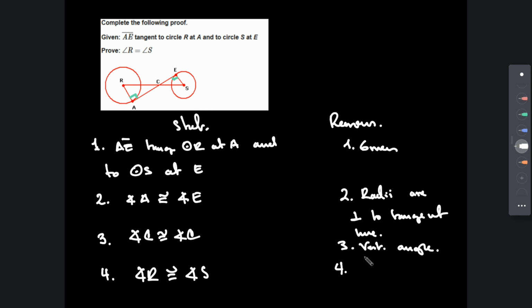This is because if two angles of a triangle are equal to, well, it's not going to fit here, but basically what we're saying is if two angles of a triangle are equal to two angles of another triangle, then the third angle must also be equal. It must be congruent. Okay.